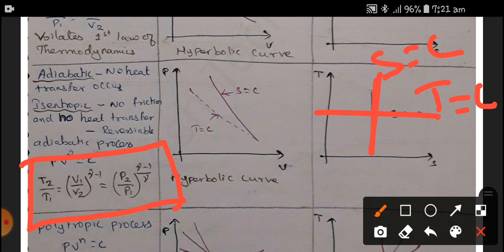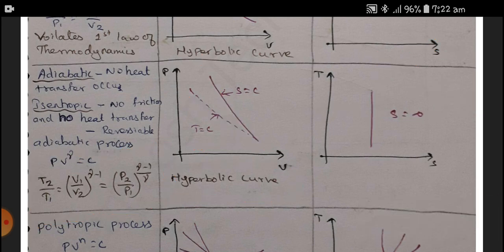So we have to compare the PV diagrams. If there is a steeper curve, that is called the isentropic process. If it is a very flat curve compared to the adiabatic, that is called temperature is equal to constant. When T is equal to constant, it is called a hyperbolic process, where a hyperbolic curve is there.